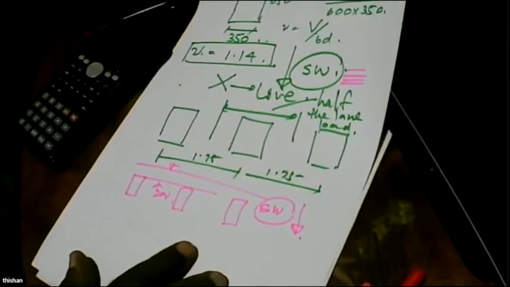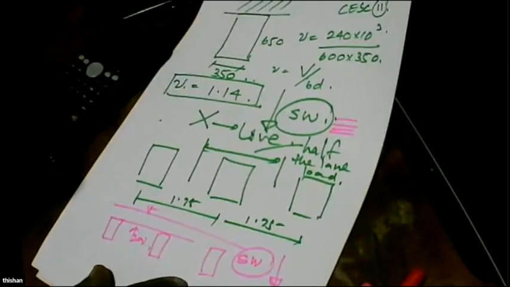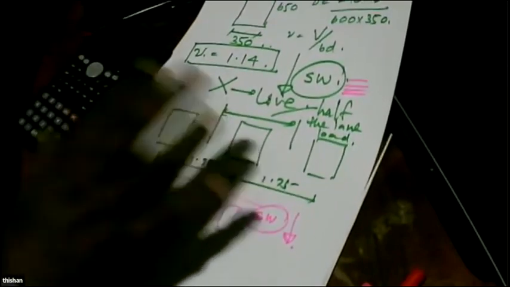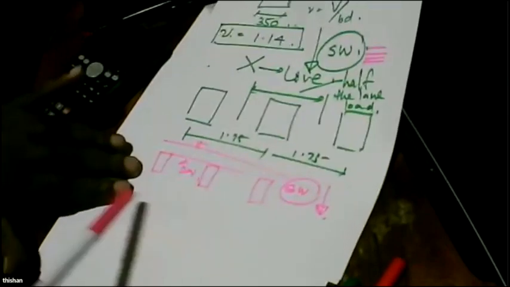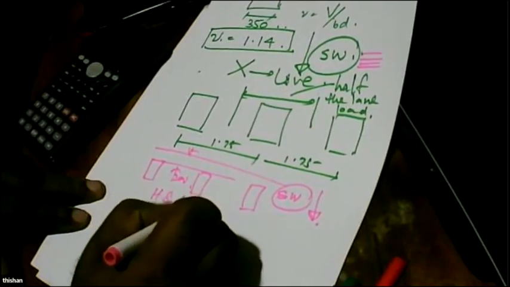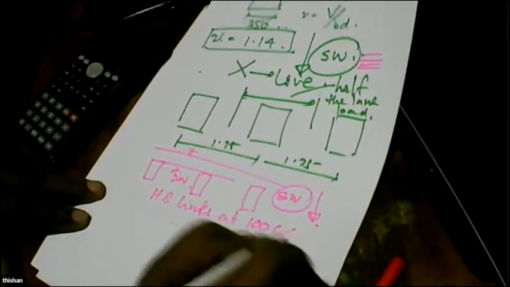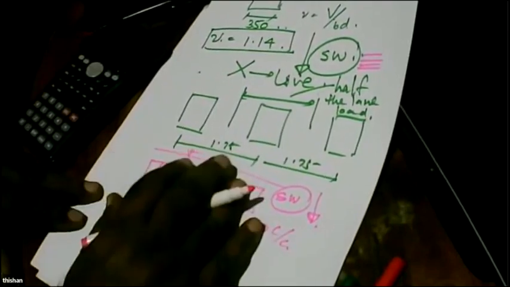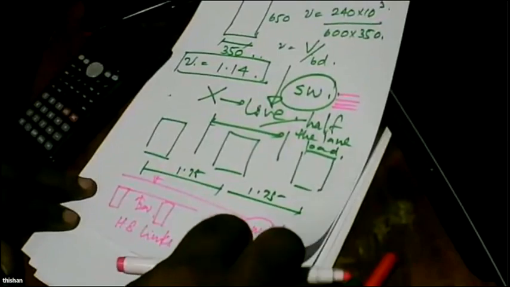I have done some calculations, not all the calculations. I have shown you how the reinforcement can be calculated, and then I showed that the shear stress is also sufficiently low. So mostly you will find H8 links at 100 center to center would be sufficient close to the support, right?